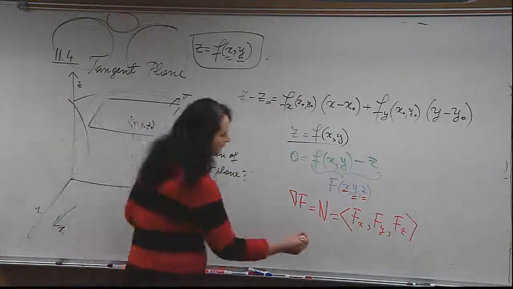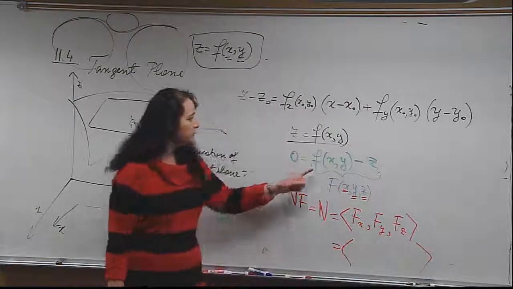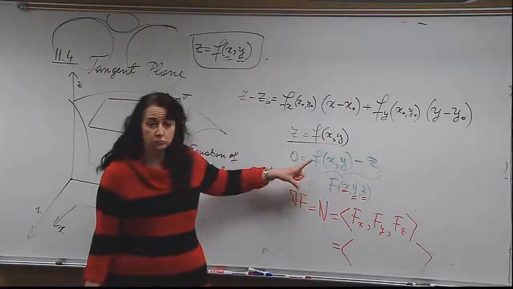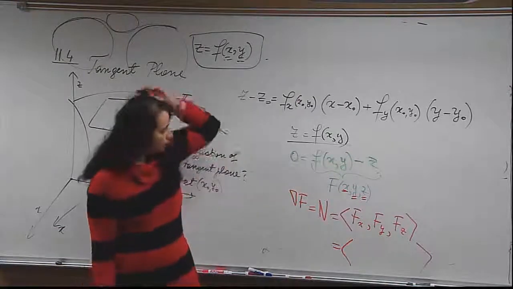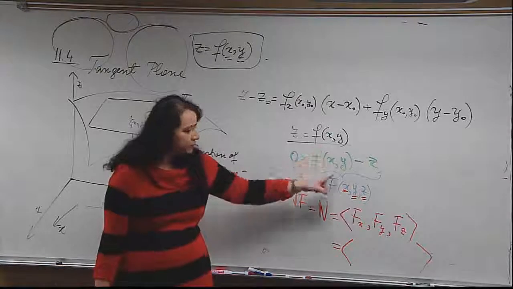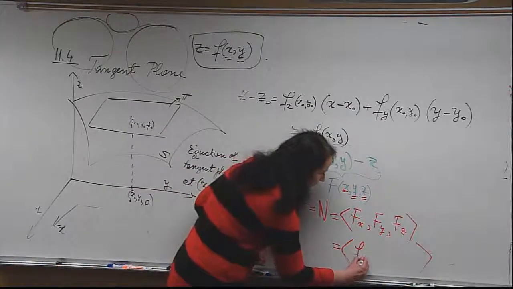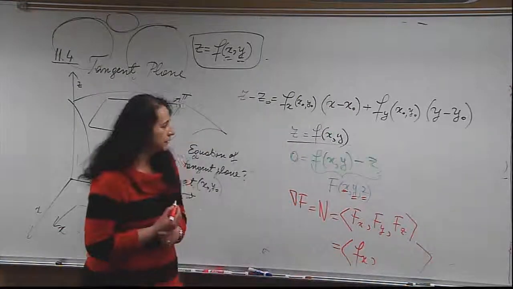Can we represent this again? I need you to help me. Who is big F prime with respect to x? There is no x here, thank God, that's like a constant. I just have to take this little f prime with respect to x, and that's exactly what that's going to be. Little f sub x.